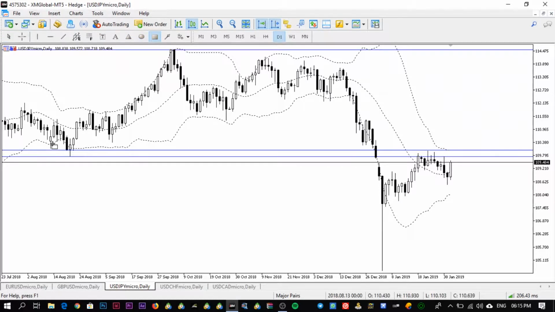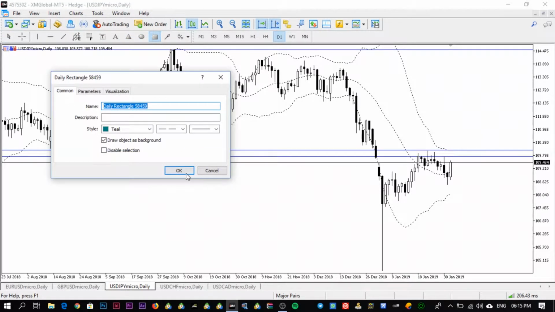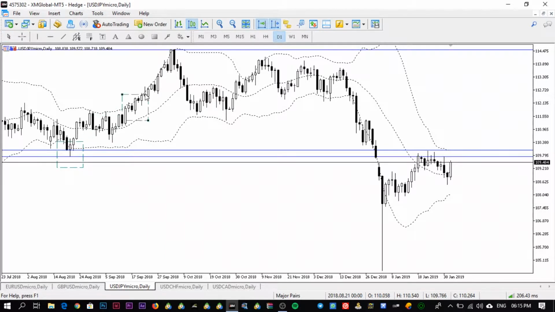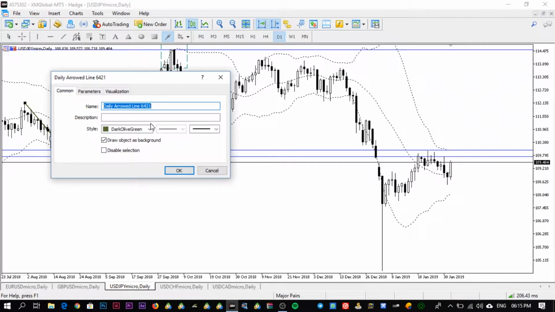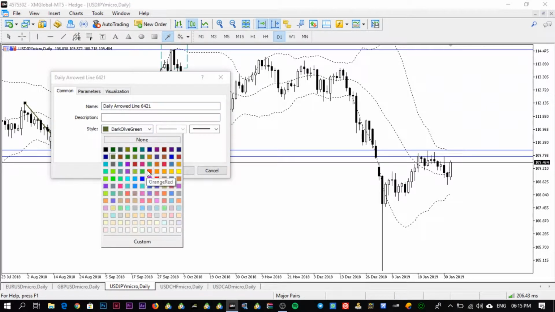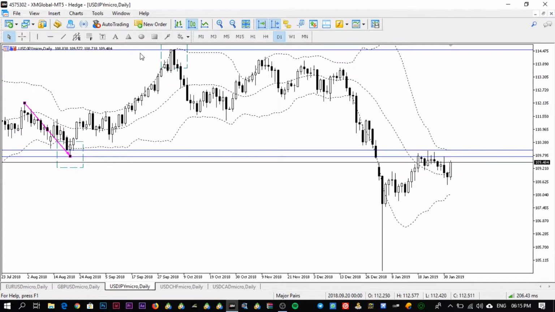Now what we see here is very, very interesting. Let me just mark out the support and mark out my area of resistance. Now let's just follow where price is, just to get a clear direction of where price might go.